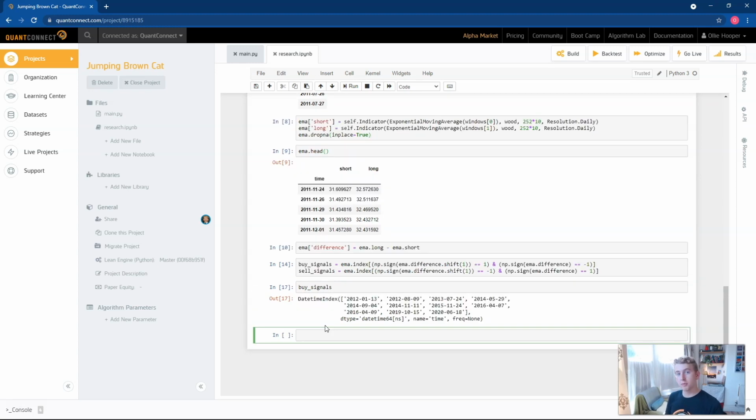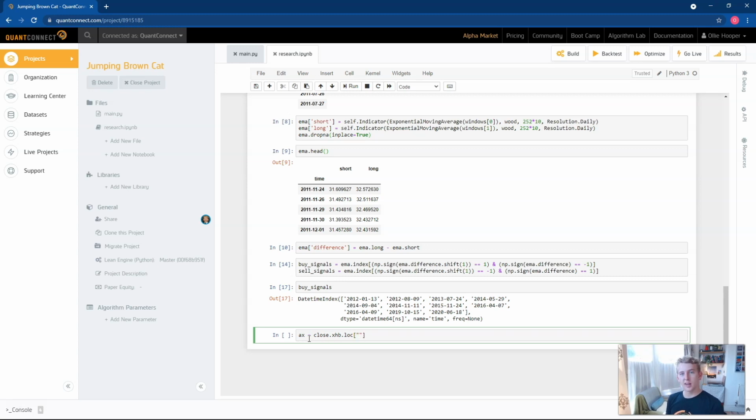So now that we've got these buy signals and sell signals, let's visualize this on a chart so we can see what we're looking at and see whether our buy signals are occurring at the right time or not. So the way we're going to construct this chart is we're going to have the closing price of XHB on one axis, and then these buy and sell signals layered on top at the correct dates. So let's have axis equals close.XHB, and we're going to put in a date range here.